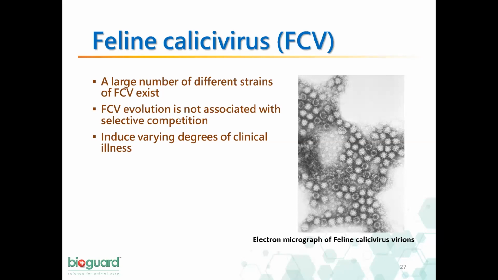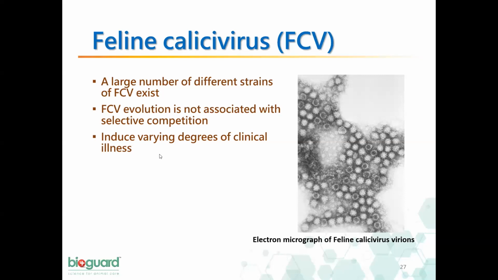FCV evolution is not associated with selection competition, because this kind of virus evolves individually within one organism. It's not because some strains have stronger mutations that they survive in the environment; that is not the case with this kind of virus.